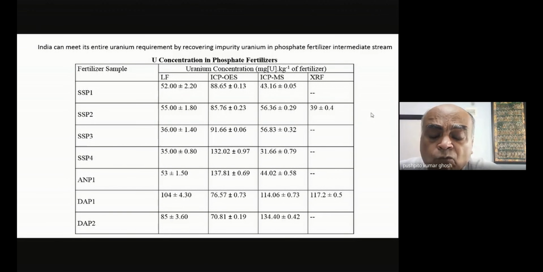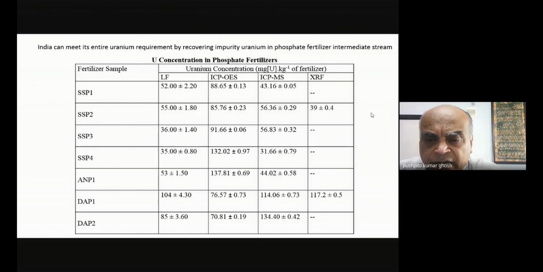Okay. Now, one of the ores which contains uranium, but not in very large amounts, something like maybe about 150 to 200 parts per million, but still quite high. It's not small. Okay, it is rock phosphate, from which we make our phosphate fertilizers. And because India has a population close to 1.4 billion, our consumption of phosphate fertilizers is very high.